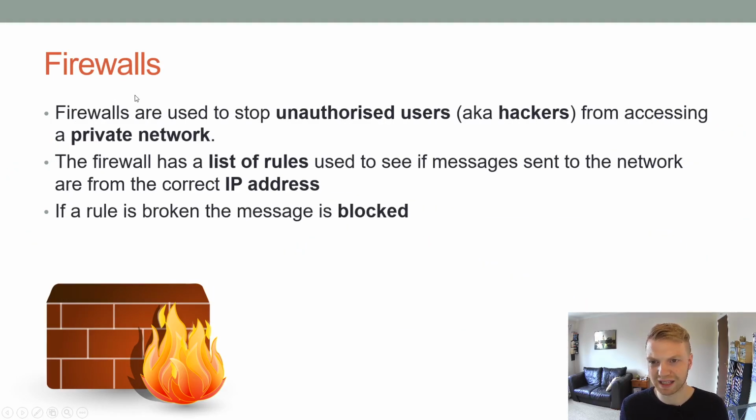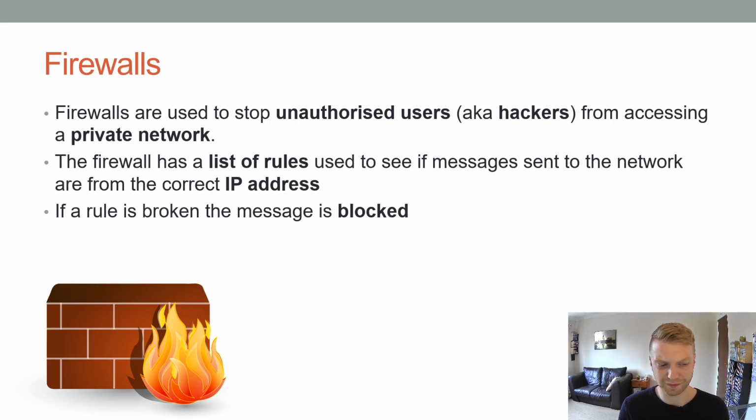Firewalls are made to stop unauthorized users, or you could say hackers, from accessing a private network. If you download something, you've agreed to download it from there, so the firewall will let you download it.